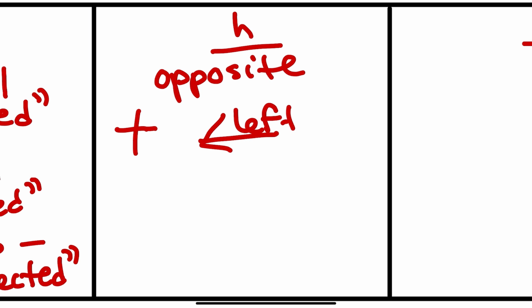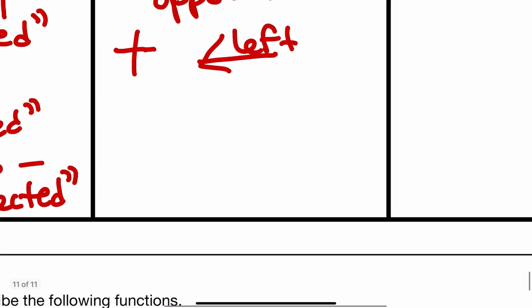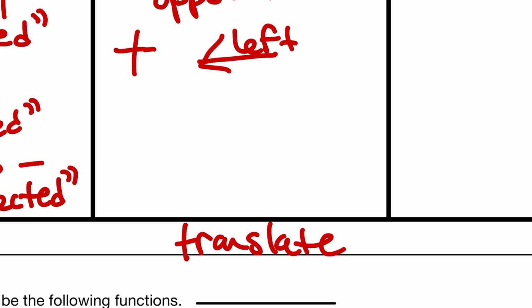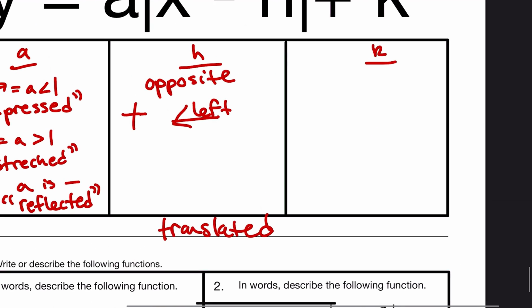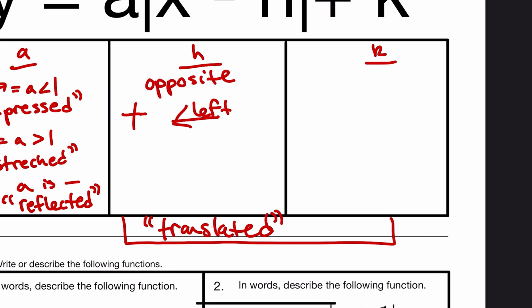And when we say that something is moving to the left or up and down, we say it's translated. And I'll just put that at the bottom here. Translated. And that's going to apply to both our H and our K. These are going to be translated because they're going to slide to either side.